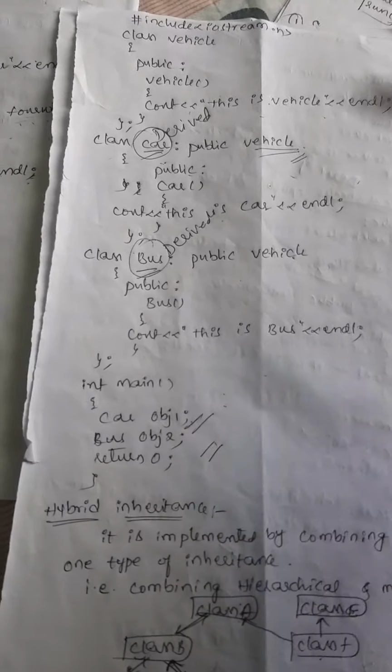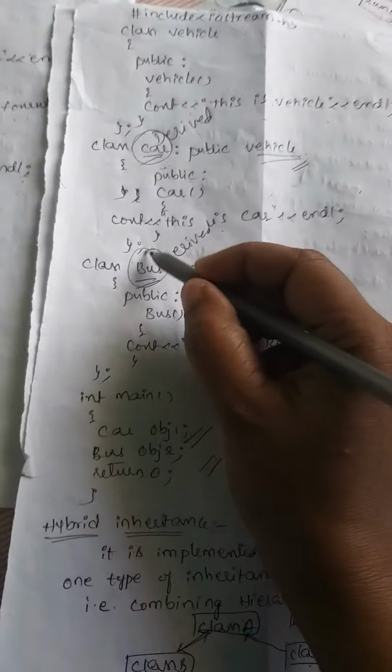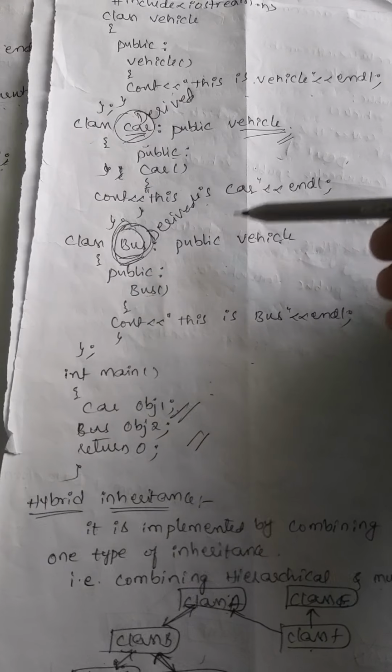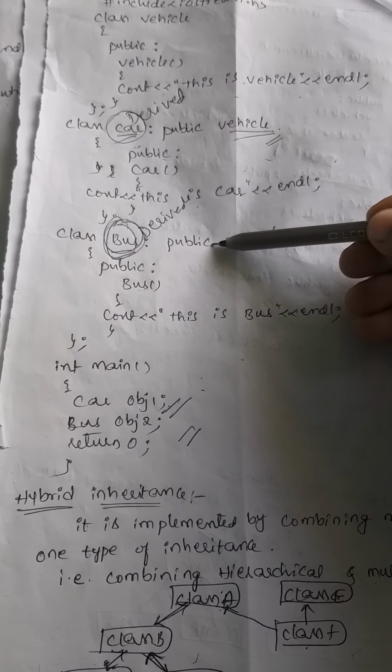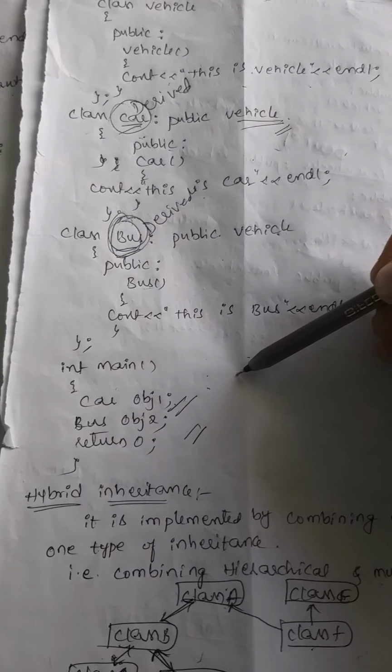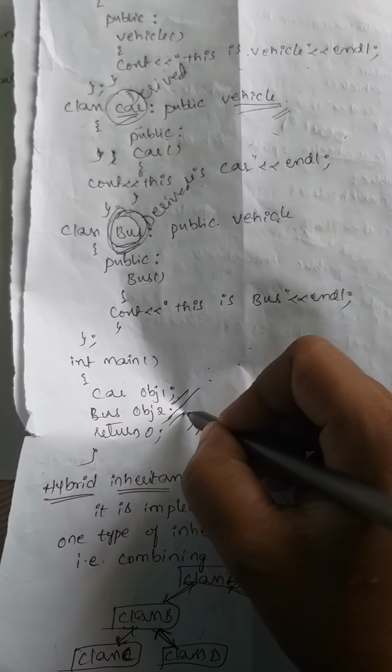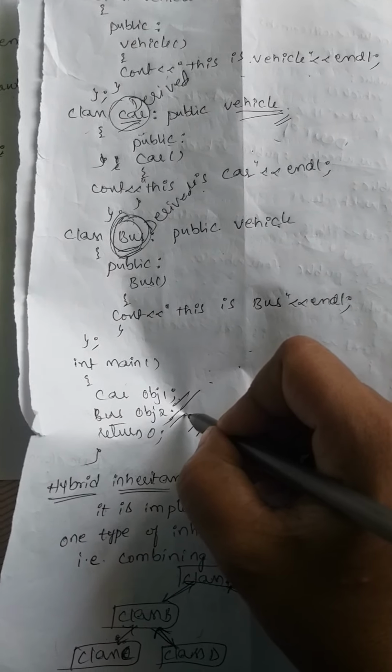Again, you have one more derived class, bus, so we create the object for the bus derived class also. Whenever the bus object is created, it automatically invokes the bus class as well as the vehicle class.